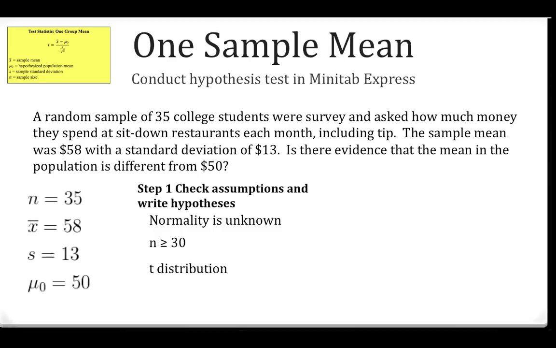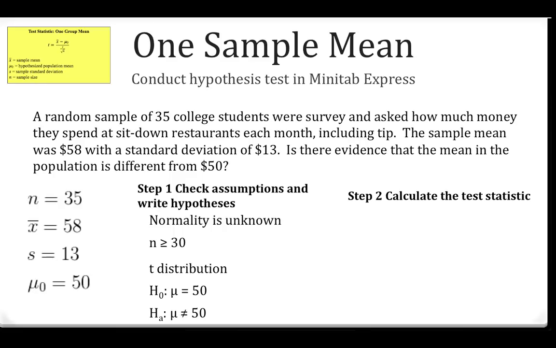To write hypotheses, our null hypothesis is that the mean equals 50, and our alternative hypothesis is that the mean does not equal 50. Our research question was whether or not there's evidence that the mean is different from 50, so we're not given a specific direction here. This is a two-tailed test.